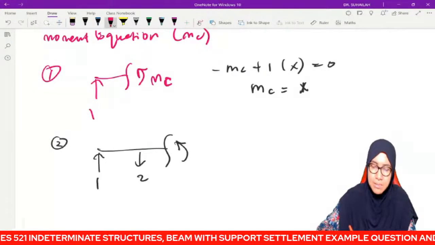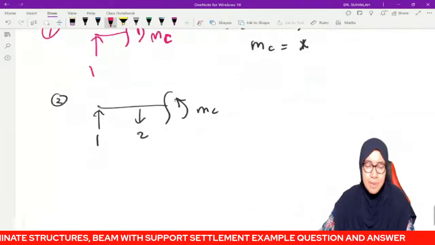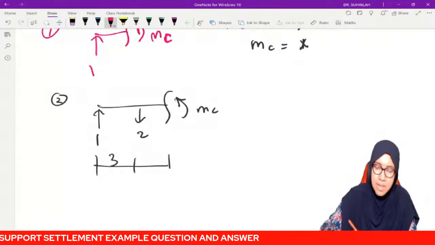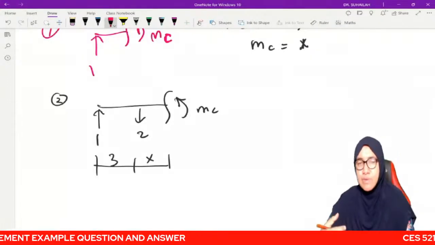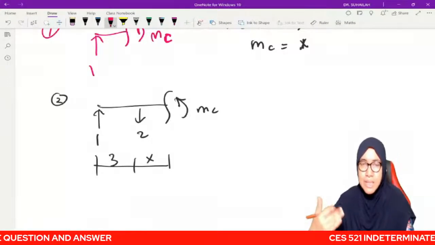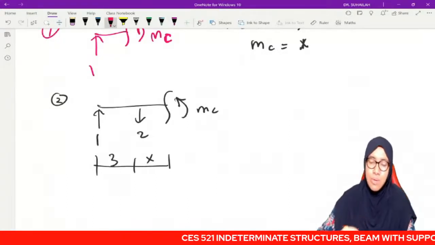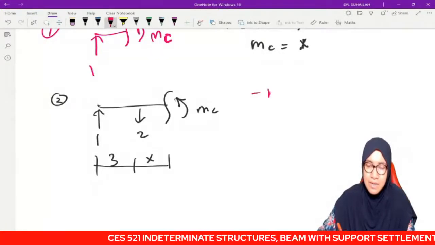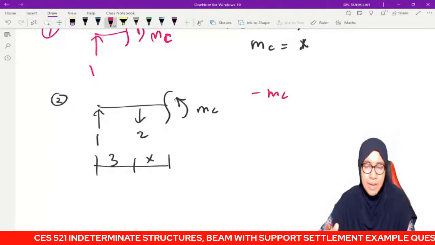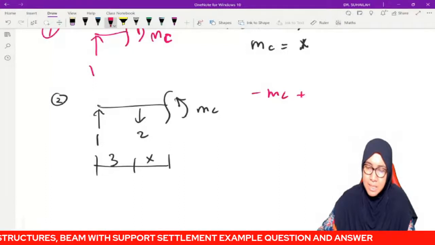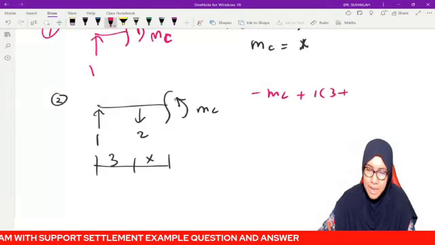Distance, this is 3, this is X, because we need to refer back to the same origin, the same limit. What we have here is negative MC plus 1 times 3 plus X.